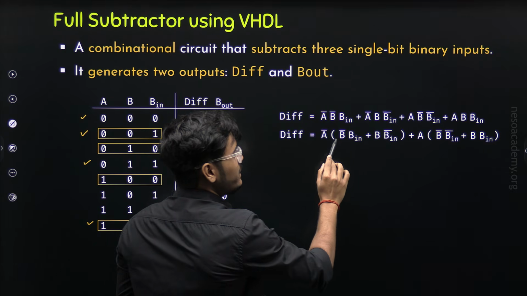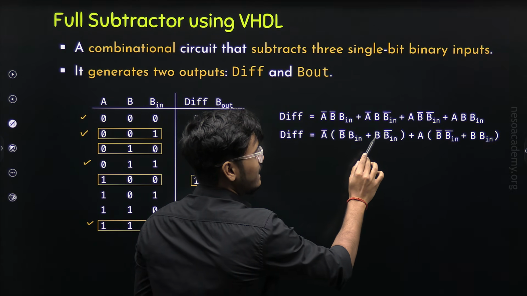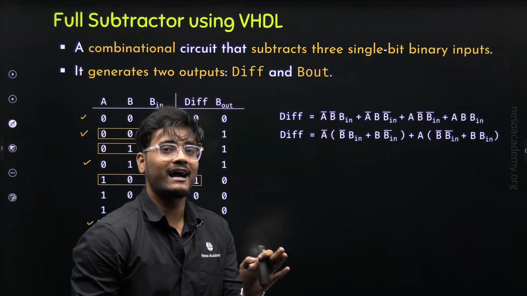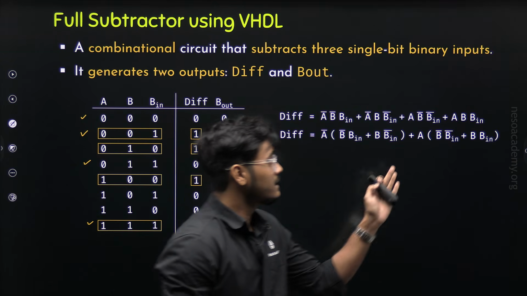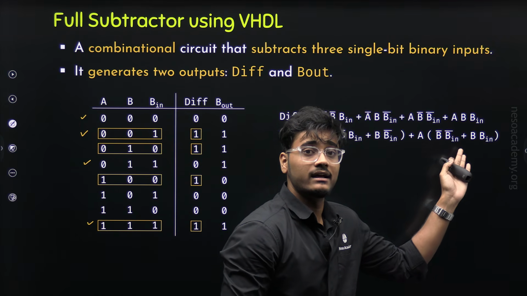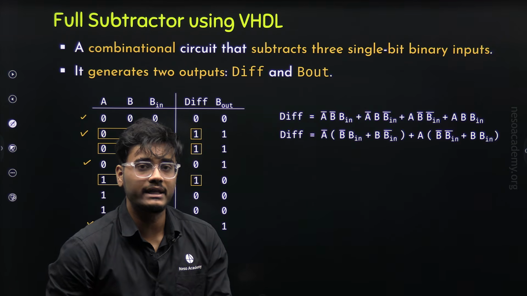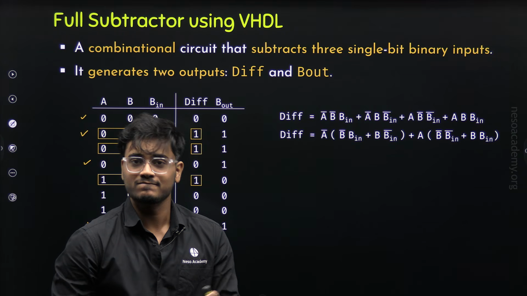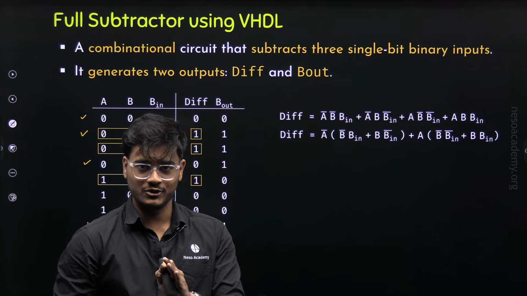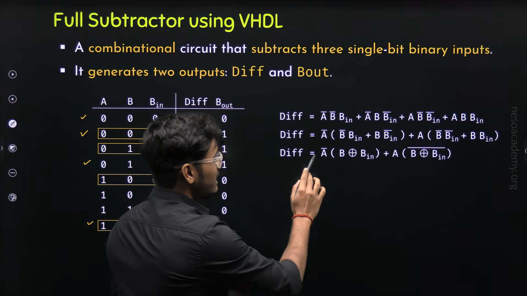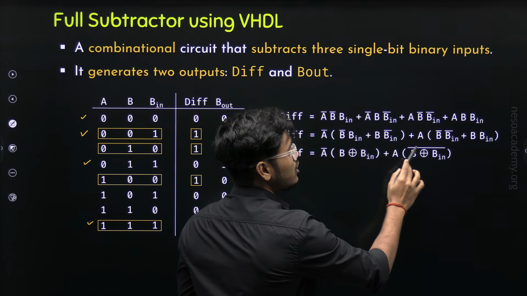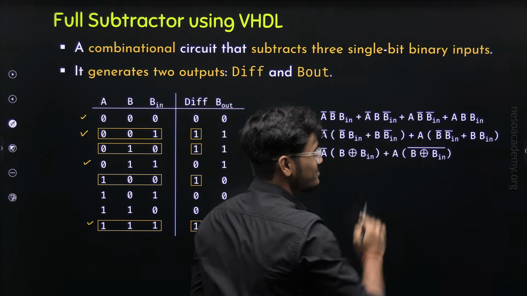Now, we all know B complement and B in, or B and B in complement, is an XOR operation between B and B in. And B complement and B in complement, or B and B in, is an XNOR operation between B and B in, which is equal to the complement of B XOR B in. So, the expression will be A complement and B XOR B in, or A and complement of B XOR B in.